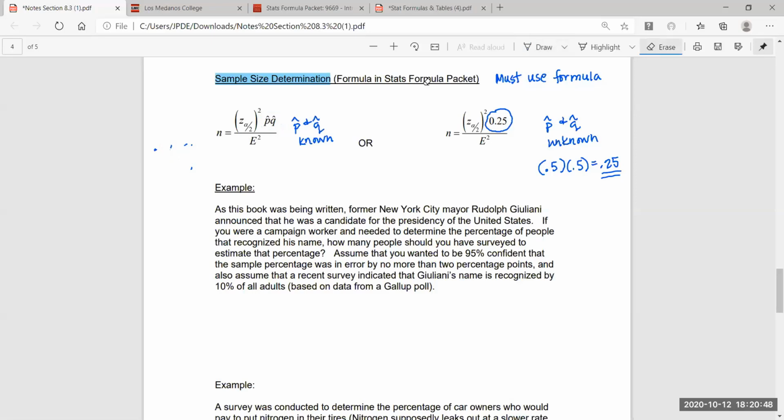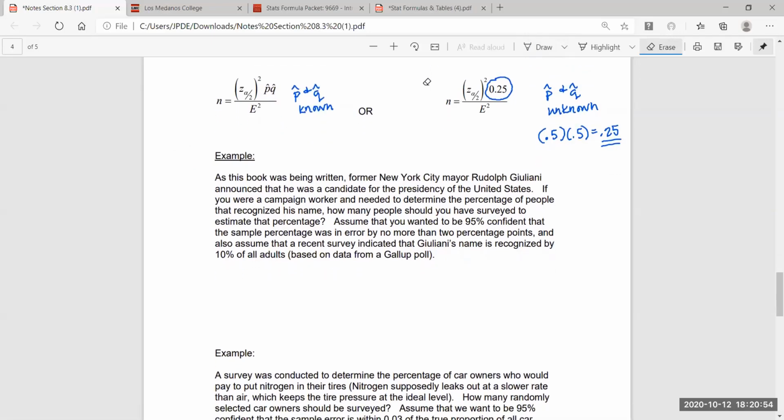All right, I'm going to clear some of that part off. And this gives you a big paragraph. So let's see what we have here. It says, as this book was being written, former New York City Mayor Rudolph Giuliani announced that he was a candidate for the presidency of the United States. If you were a campaign worker and needed to determine the percentage of people that recognized his name.